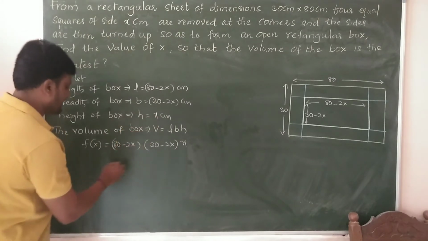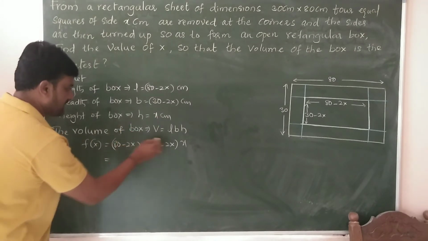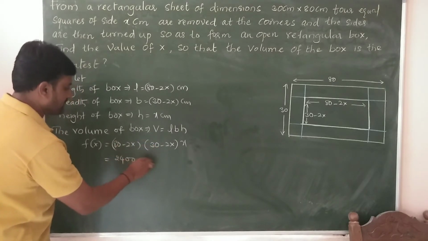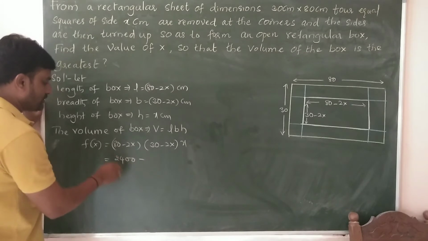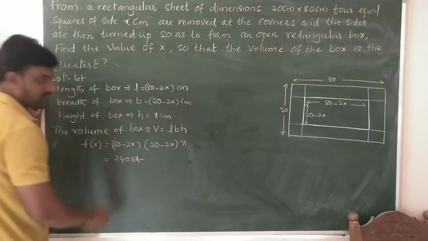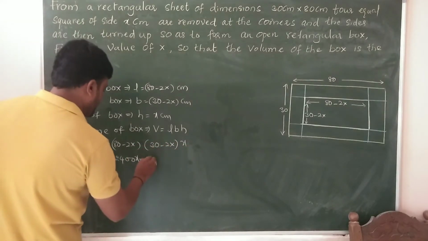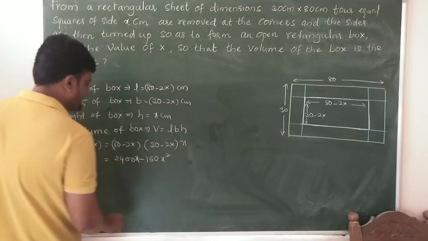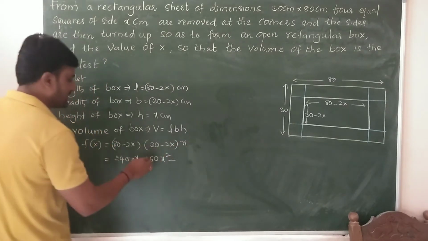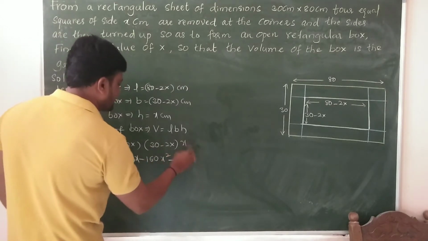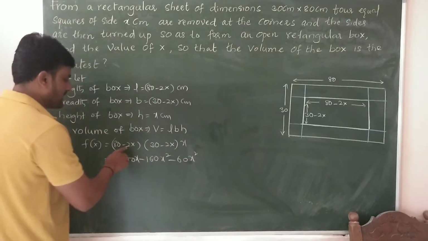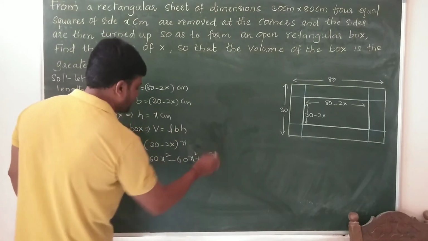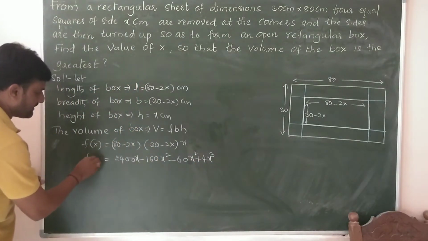Multiplying: 80 into 30 is 2400, minus 160x, minus 60x, plus 4x square, and then times x gives x cube. This is f of x.